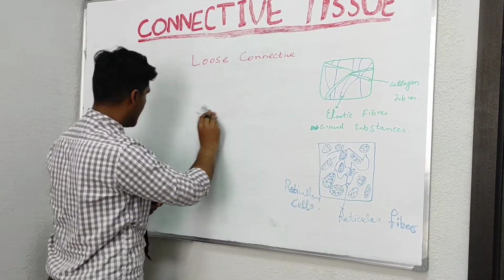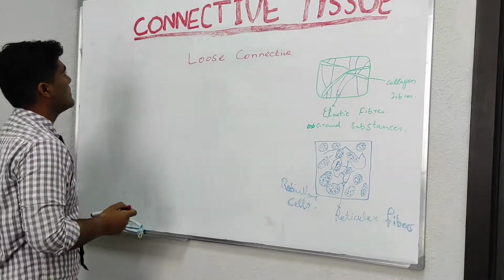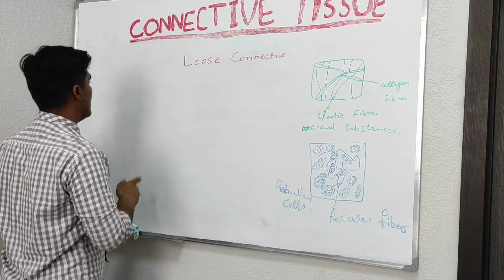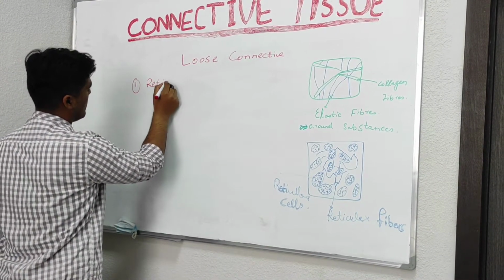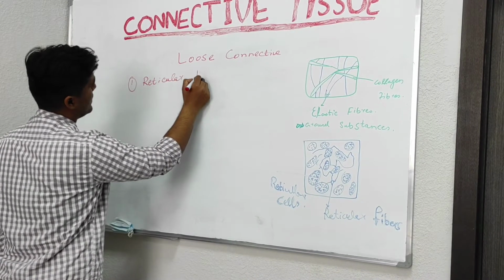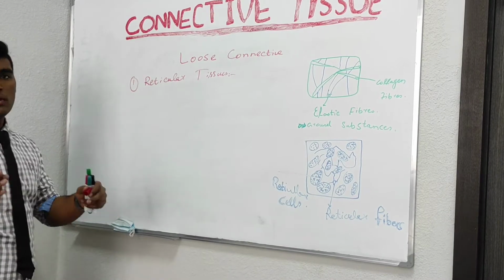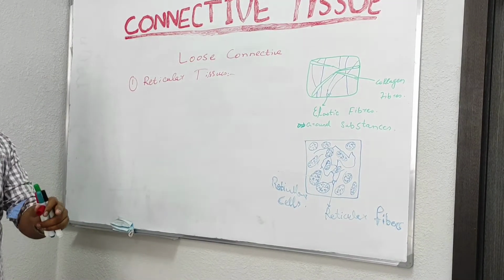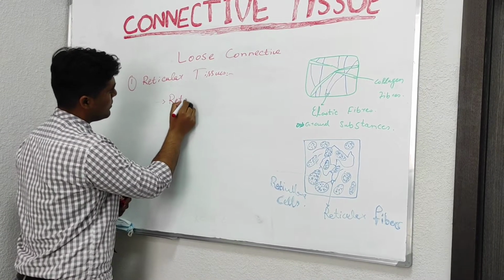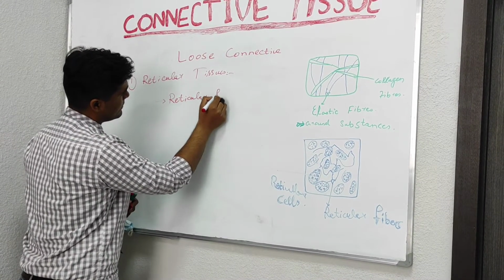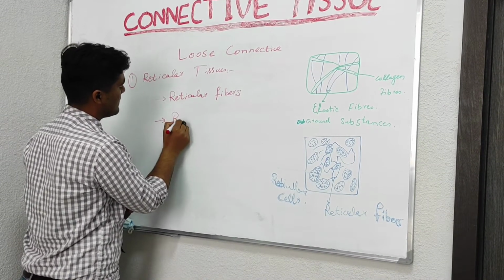Talking about the second type of loose connective tissue, it is reticular connective tissue, or reticular tissue. As its name shows, it has reticular fibers and reticular cells.